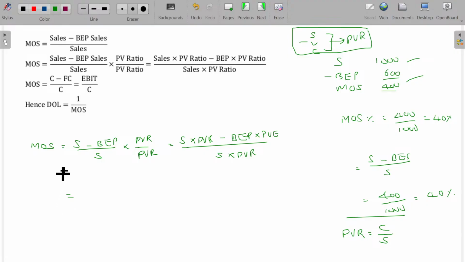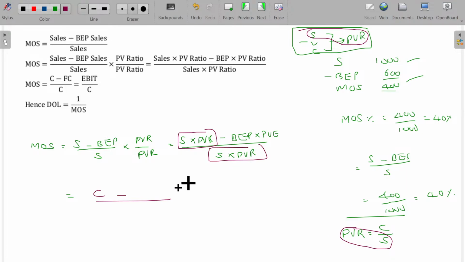Now, what happens if I multiply sales into PVR? You will get the contribution. So, this value is nothing but contribution. If you multiply PVR with BEP, what will you get? Usually you will get the fixed cost.